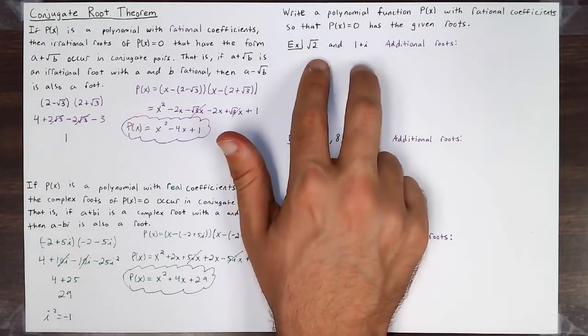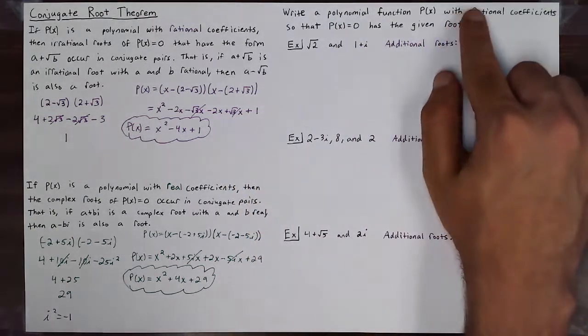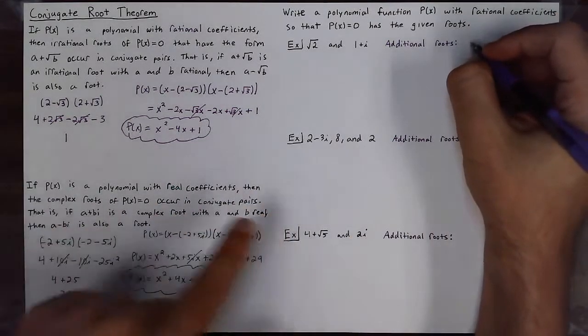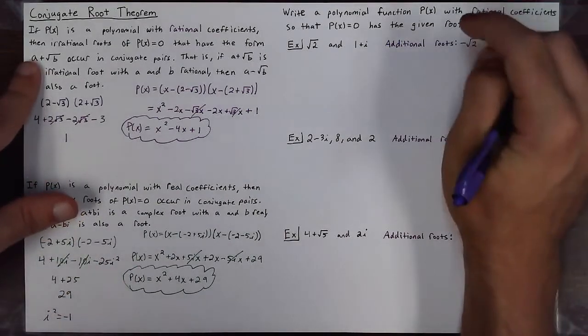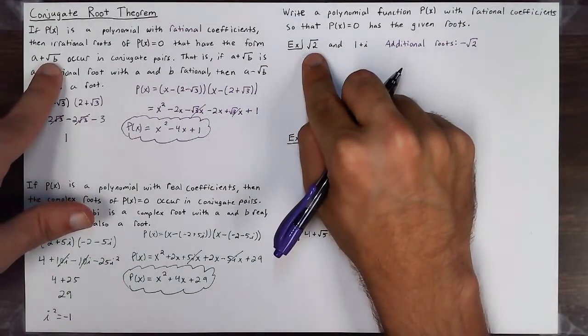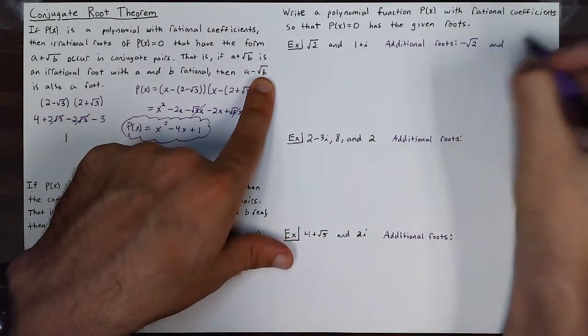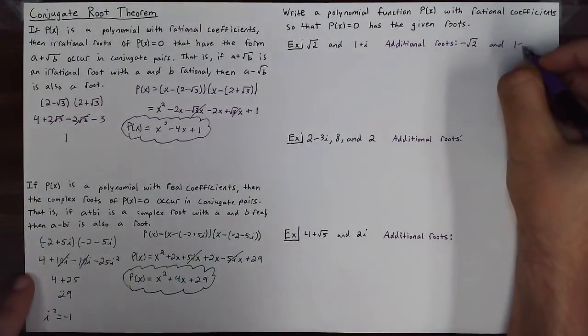So here, if I have given square root of 2 as a root and 1 plus i as a root, since I know it has rational coefficients, my additional roots would be negative square root of 2, which in this case, a would have been 0, so it's like 0 minus the square root of 2. And my other additional root, instead of 1 plus i, would be 1 minus i.